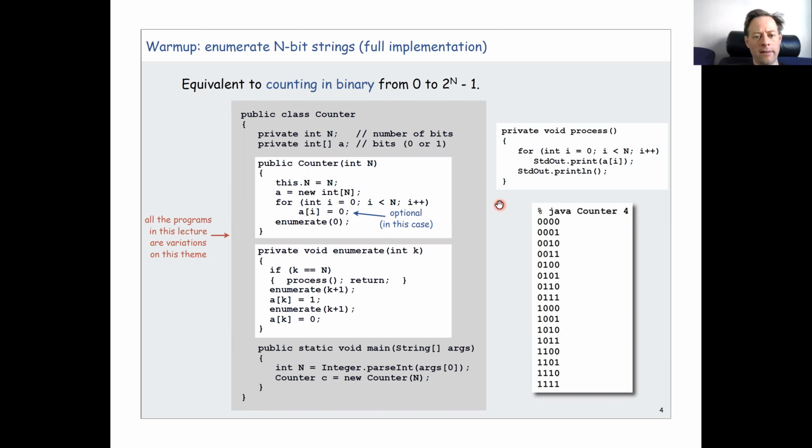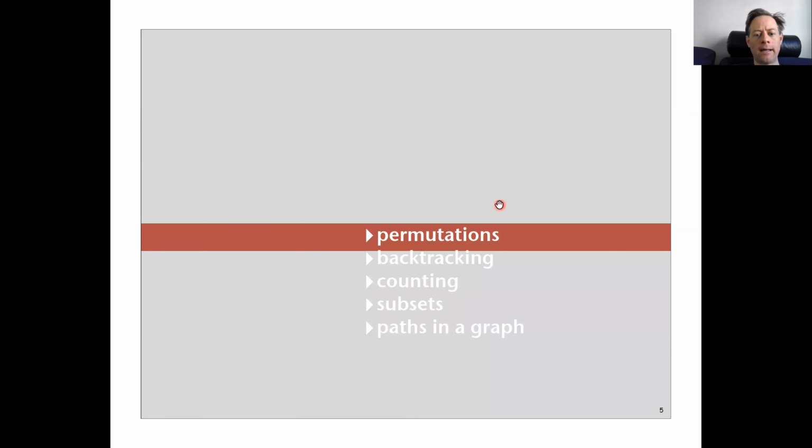This, of course, is the same as counting in binary from 0 to 2 to the power n-1. So here we just have a program that prints out these strings. That was just a warm-up example.